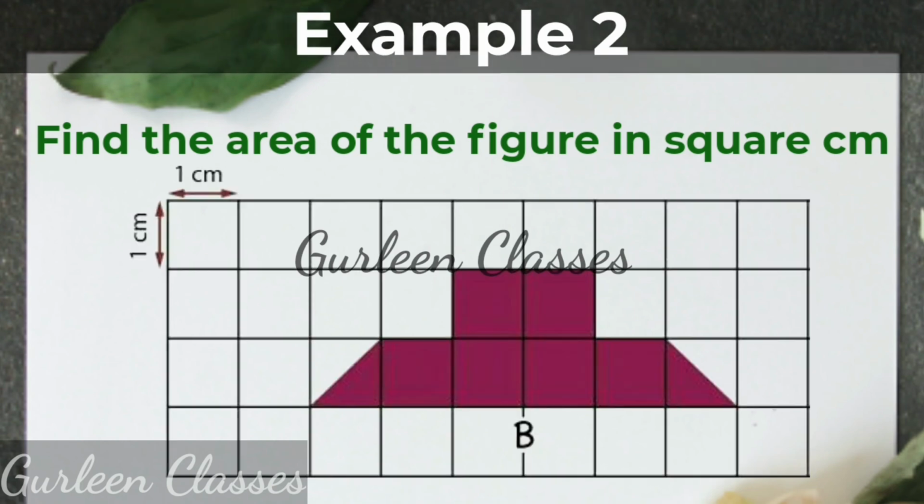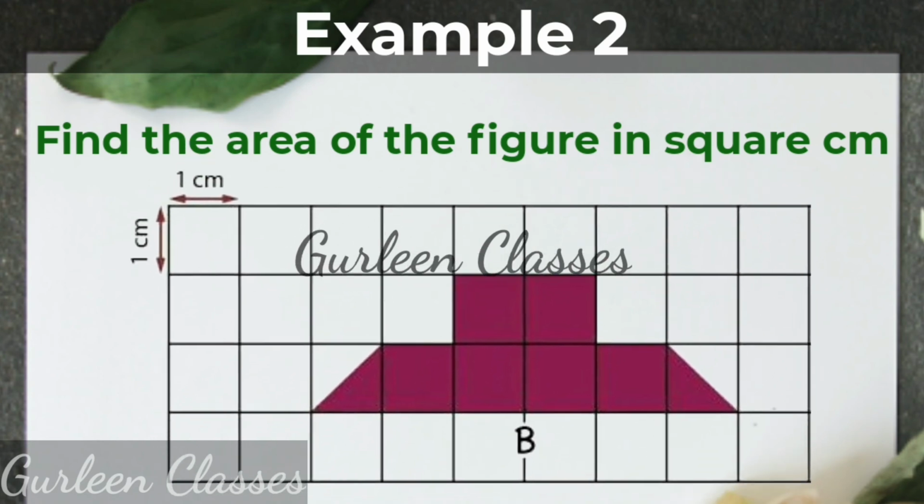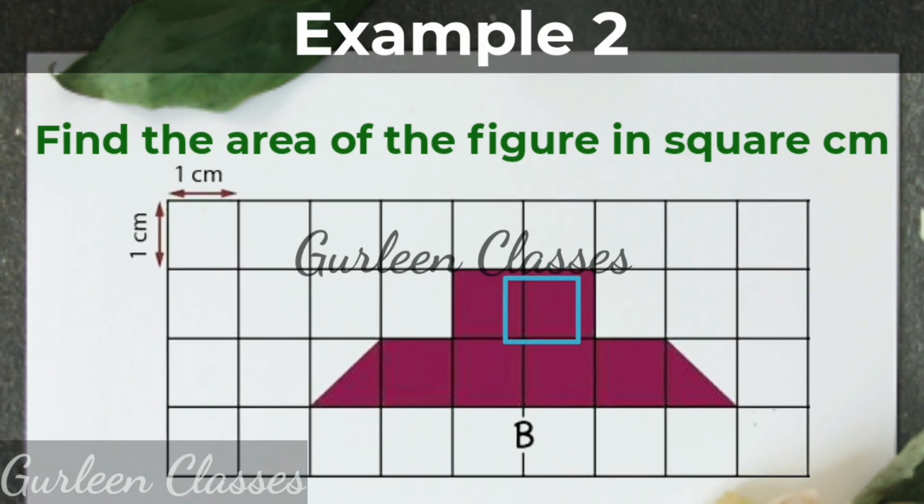Example 2. Let us find the area of the figure in square centimeters. Now look at the figure. Here each square is equal to 1 square centimeter and each half square equals half a square centimeter. Thus, on counting we get that the given figure has 6 squares and 2 half squares.